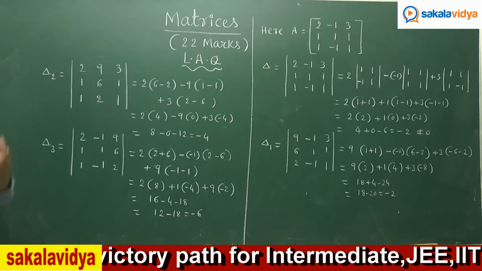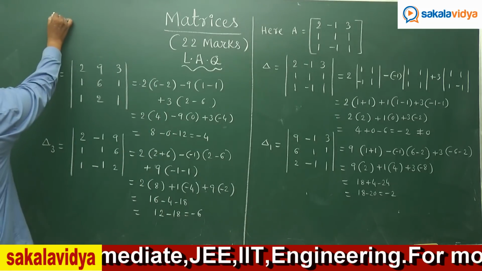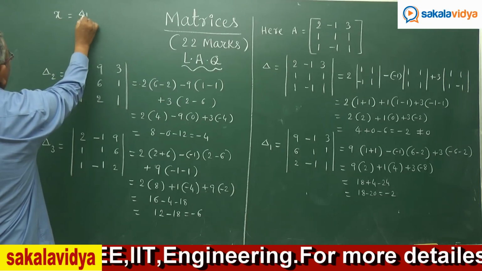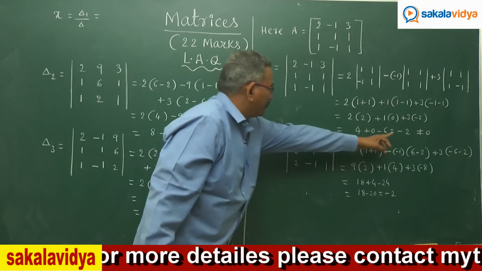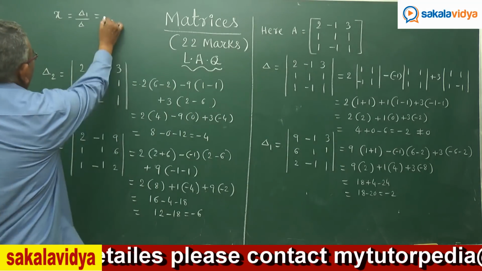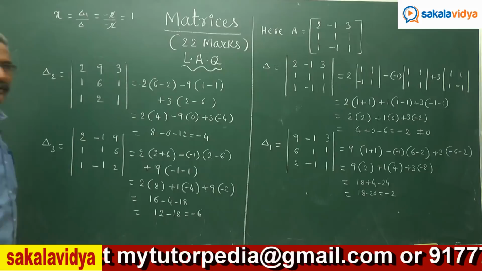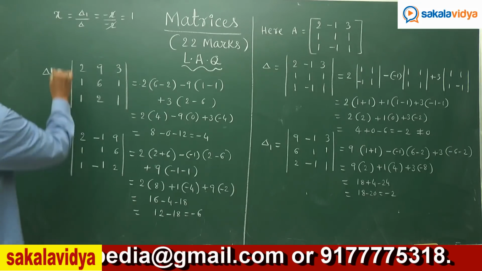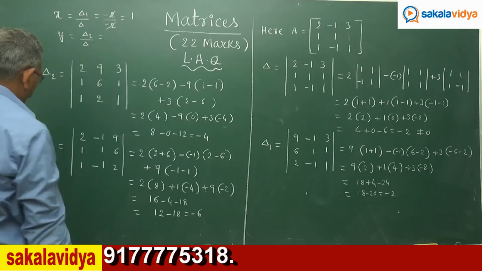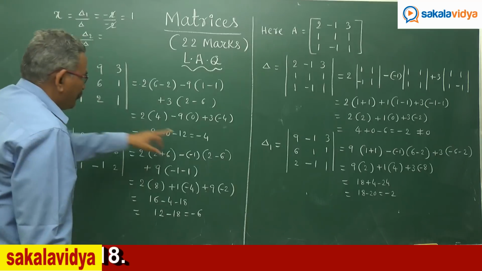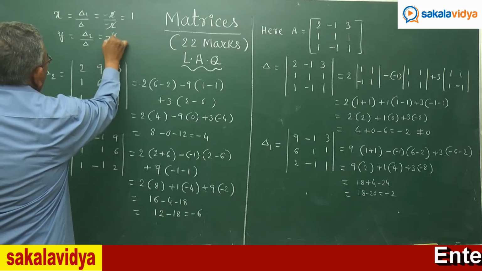Now we need to find the x, y and z values. Here x is equal to delta 1 by delta. Delta 1 is minus 2, delta is minus 2. Minus 2 by minus 2 cancel, we have 1. Now what is y? Delta 2 by delta, that is delta 2 is minus 4 divided by minus 2, that is 2.